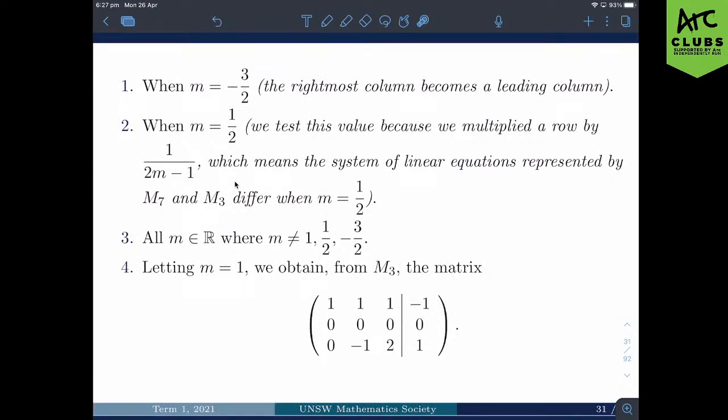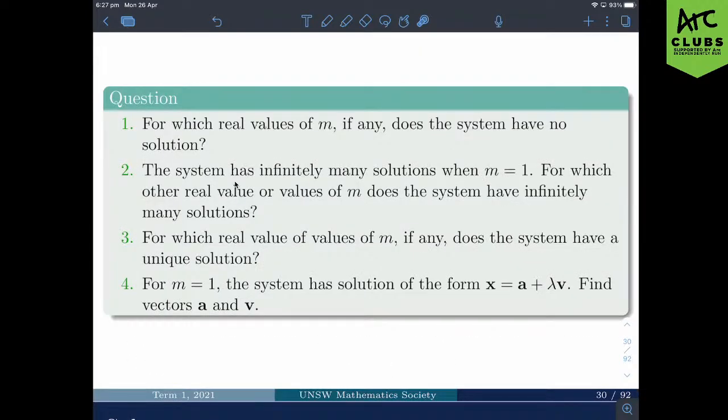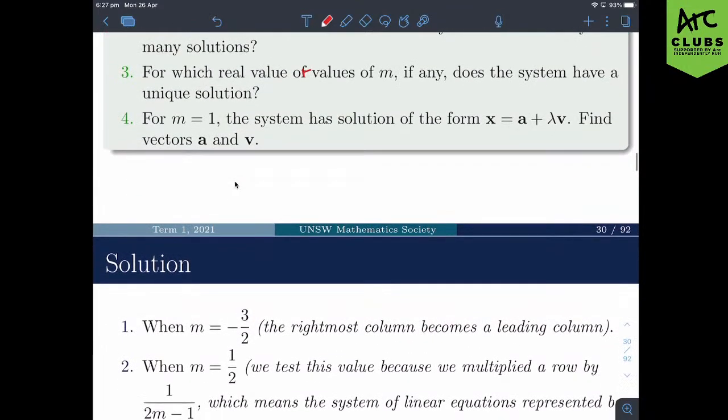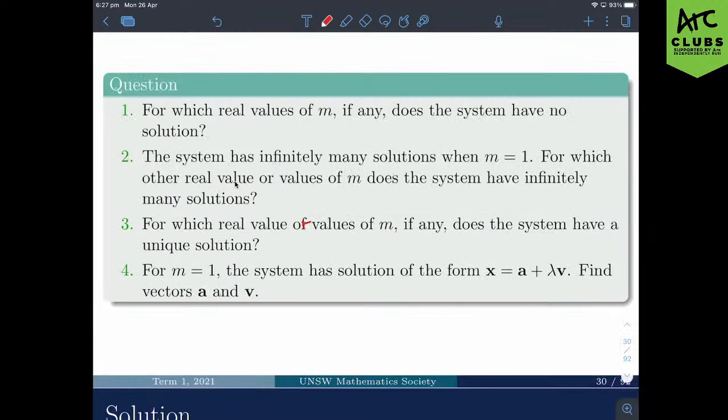So now the question asks us for which real value or values of M, if any, does the system have a unique solution? And we can suss out the solutions by remembering from before that a system of linear equations either has no solution, infinitely many solutions, or it has a unique solution.